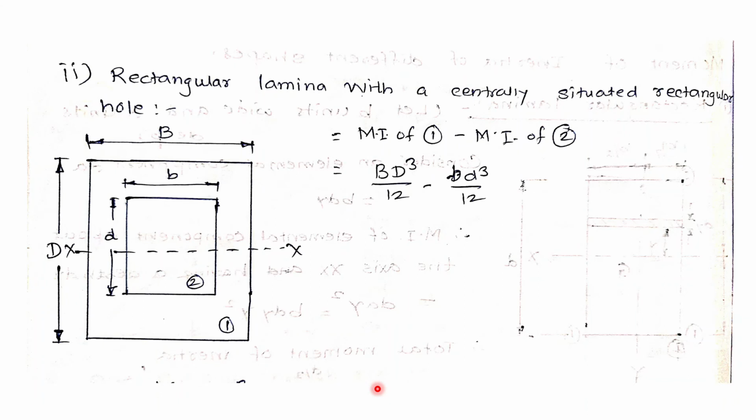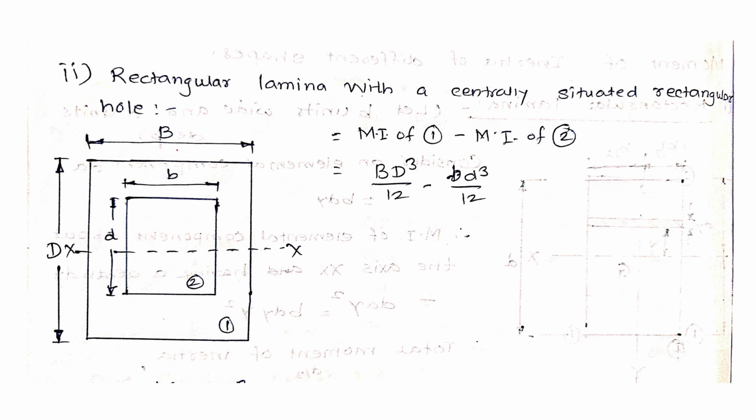Now we are considering different shapes and let us see how the moment of inertia changes. When we have a rectangle with a rectangular hole cut out of it, we have to deduct the moment of inertia of this inner rectangle. So this is the formula: bd cube by 12 minus small bd cube by 12. Keep in mind, dear student, it is the moment of inertia about this horizontal x-axis.